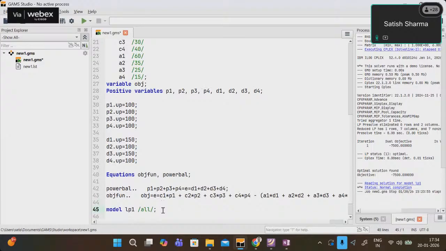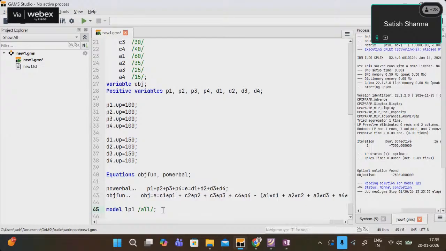Then I know that this is a linear problem, so I have model. Model is a keyword. If you write it down in GAMS Studio, you can see the color coding. Different colors are there, like positive variable and equation in blue color. This is the syntax part, so you have to be careful with it.